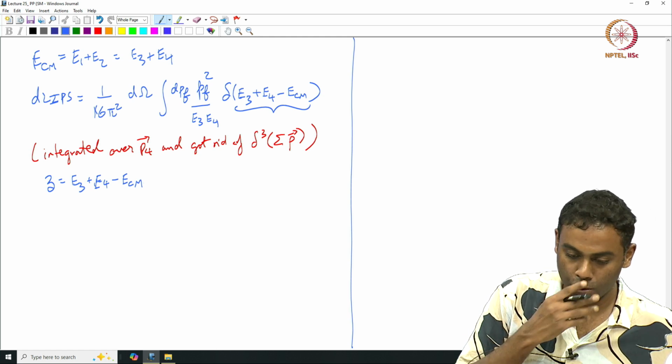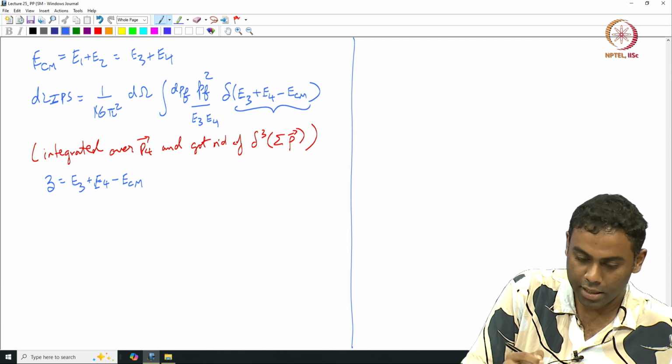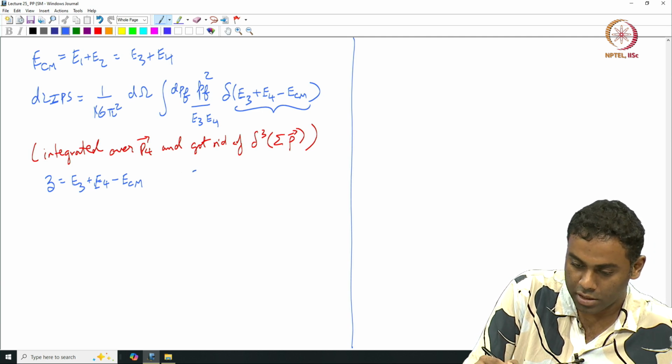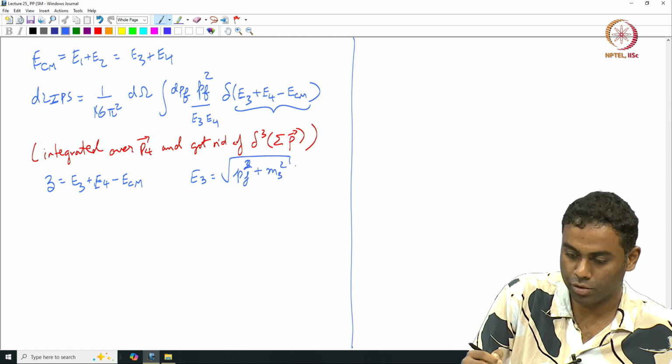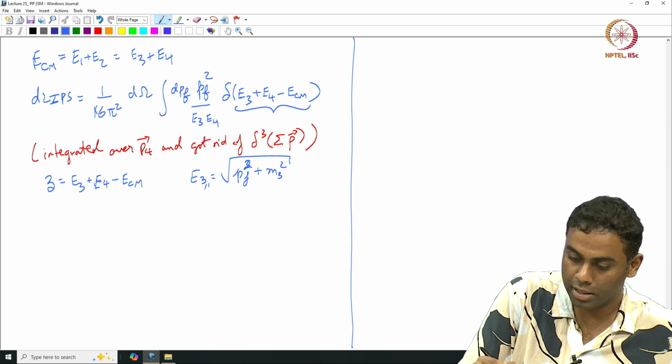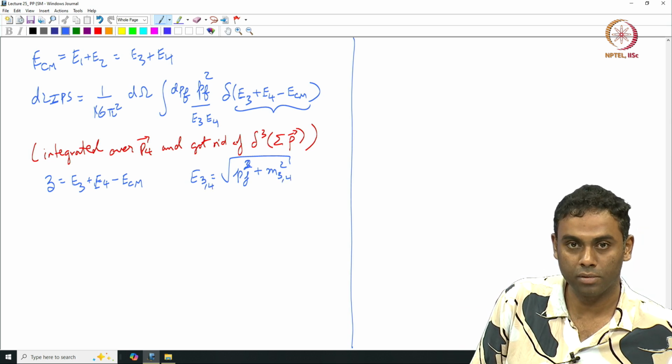But if we were to go to this new variable, I can now write what is E3, it is just P3 squared which is PF squared plus M3 squared under square root, right. Similarly E4 is the same thing with 3 replaced by 4 in the mass, right.